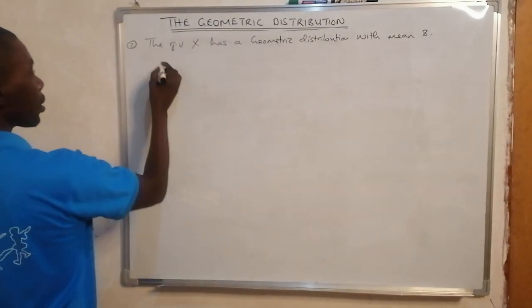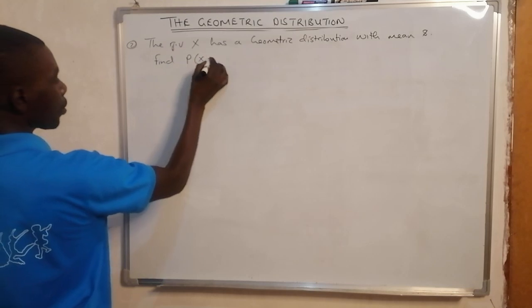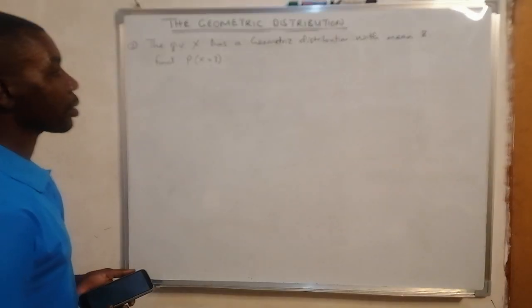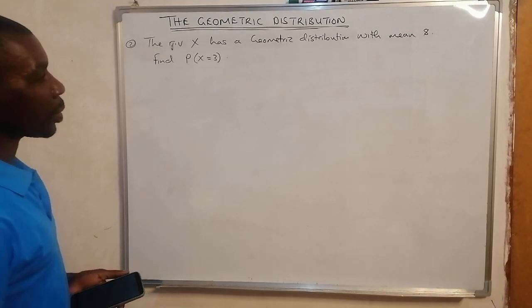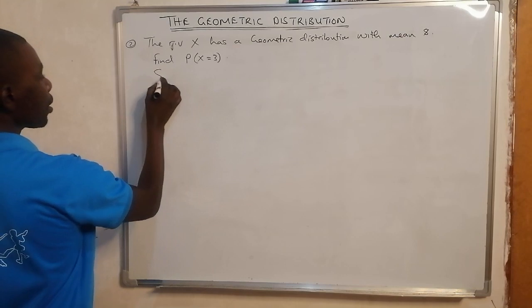Find P of x equals 3. In this case, we have to find the probability of success and the probability of failure.